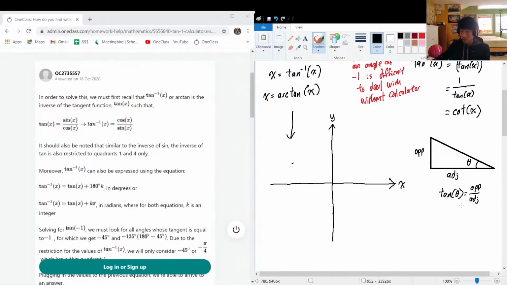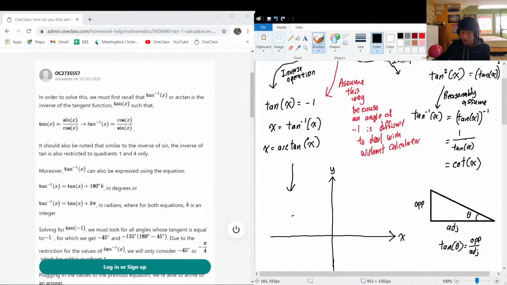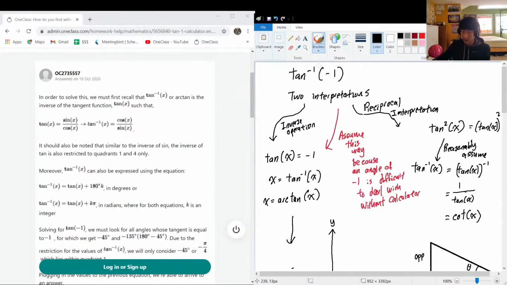Okay, so what it's basically telling us is that the opposite over adjacent is going to be -1. Okay, so we're following this path. We're trying to find what that is equal to, like we're basically setting this to x.